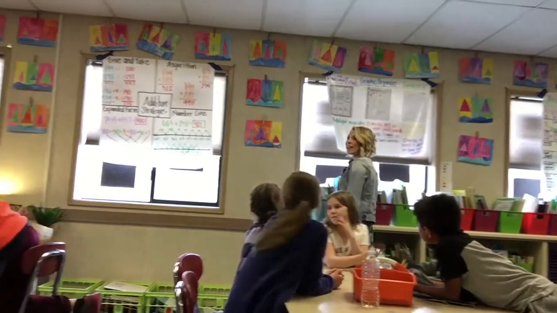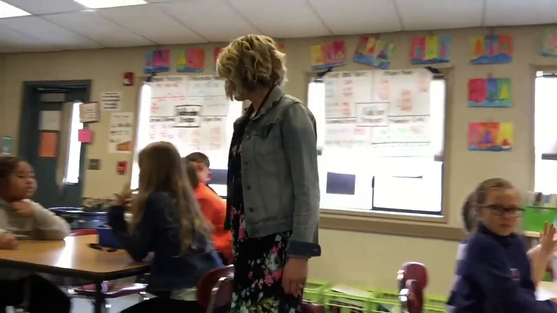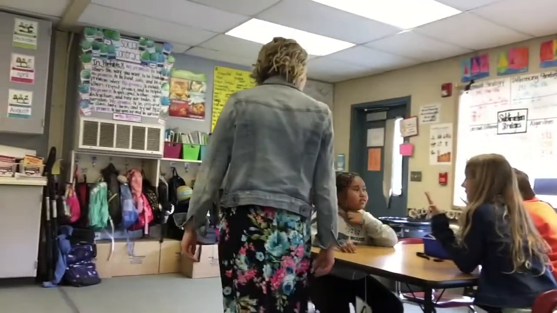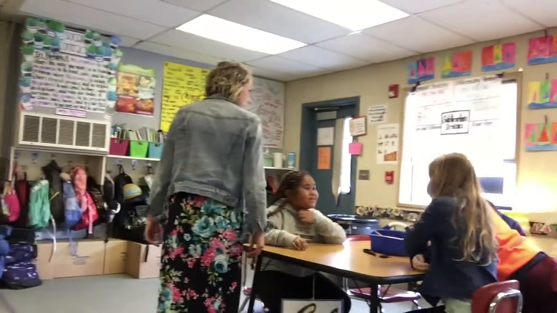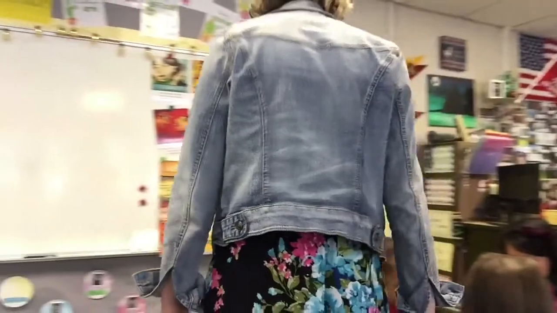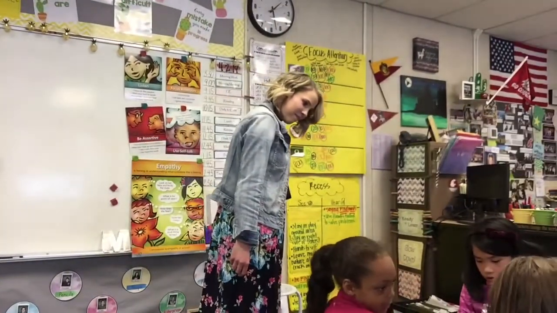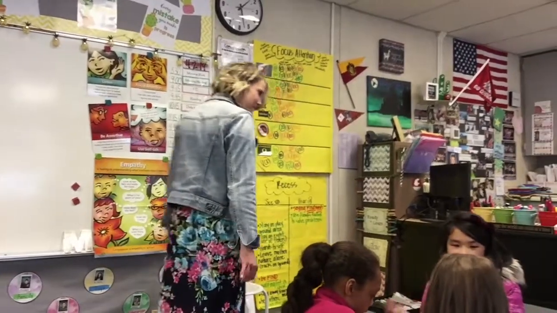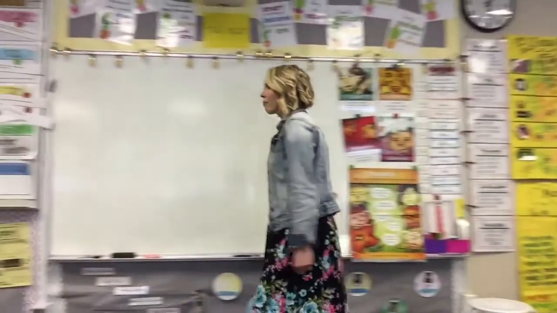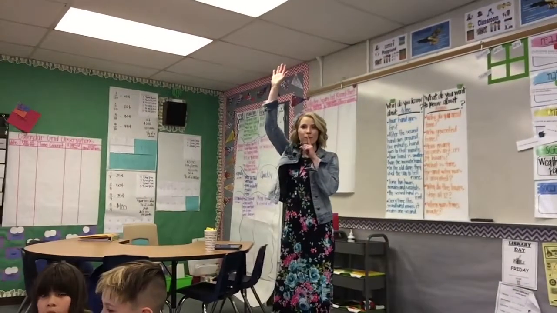For example, if we want to know when recess is, we have to be able to tell time. Like, we have to know how to tell time when the bell rings. Some schools might not have a bell. Yeah, if we didn't have a bell, we need to be able to tell time, like, we have to know when.